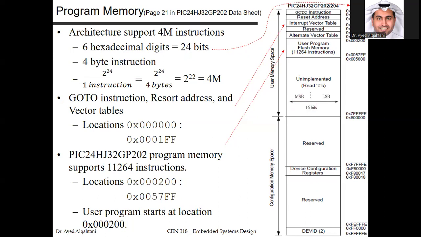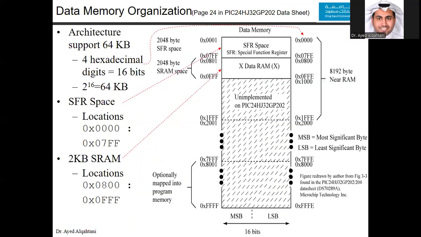Now moving along to the data memory organization. This is on page 24 of the data sheet. We said that the architecture supports 64 kilobytes. Again, here we have 4 hexadecimal digits, meaning that we have 16 bits.